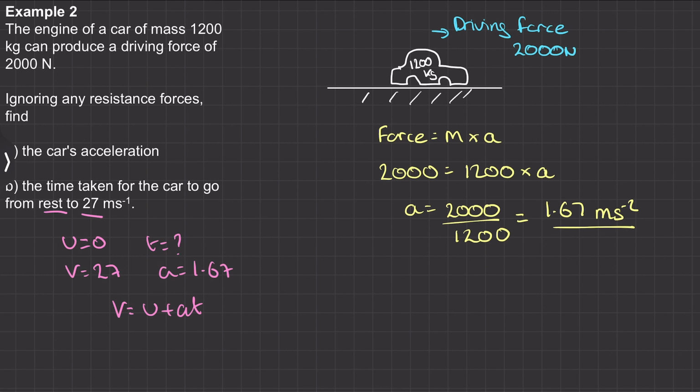So we'll substitute in 27 for v. u is 0, a is 1.67, and t is what we're trying to find. So we can say that t will be 27 divided by 1.67. And this comes out as approximately 16.2 seconds. Okay, let's try one more question.